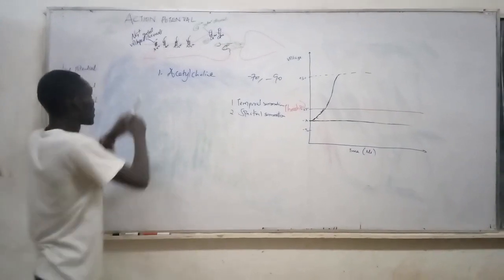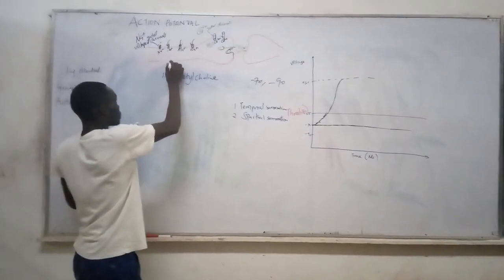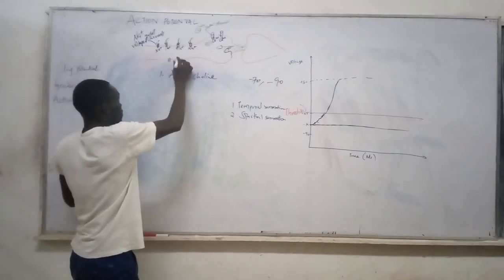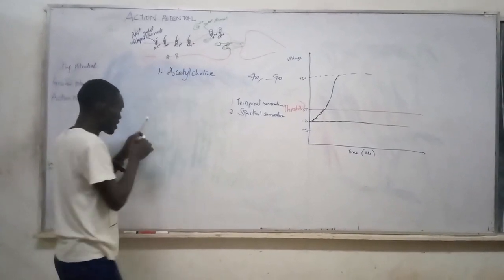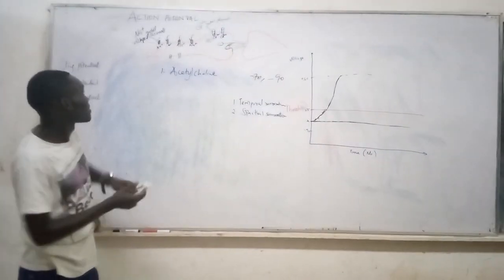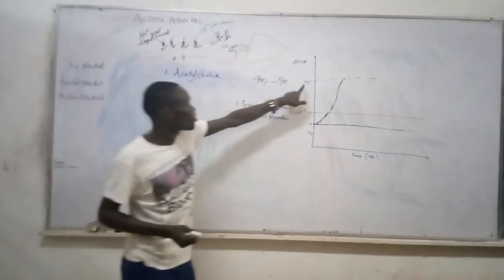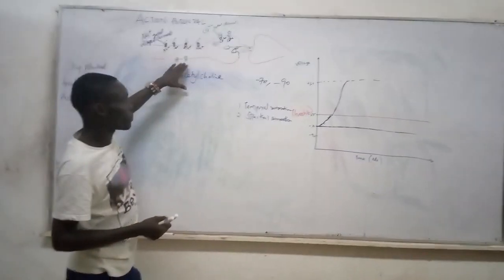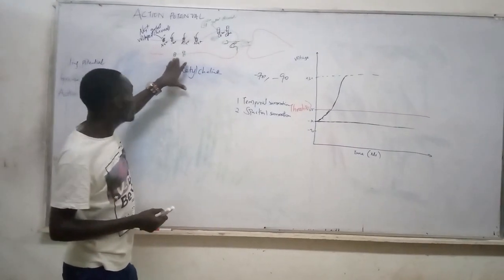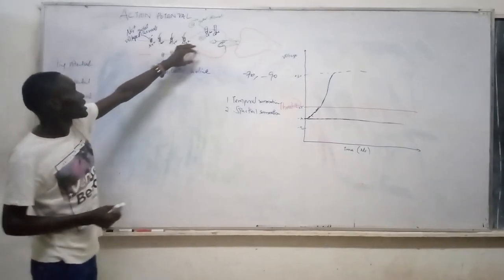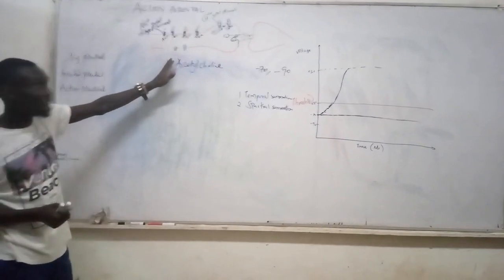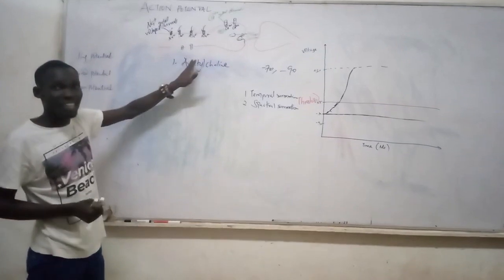What happens? We have potassium-gated channels. When the charge goes up to positive 30, they open. When they open up, potassium ions leak out through the potassium-gated channels.